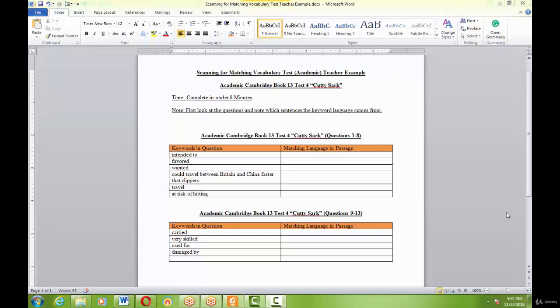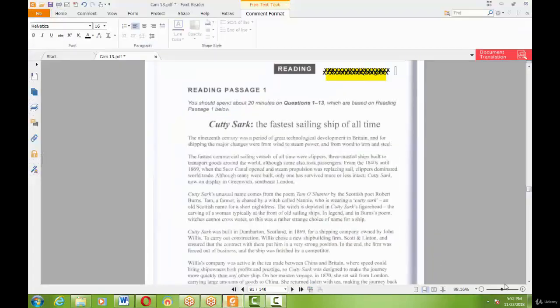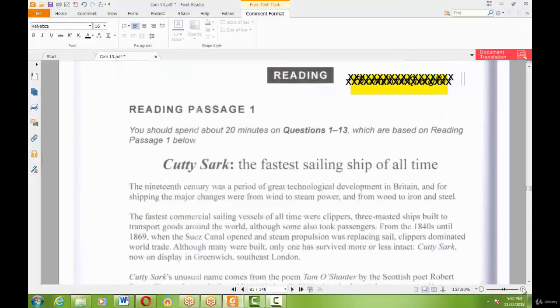and being able to have answers that have language that points to the answer choice. So what I've already done here is pull out the keyword language from some of the questions. And what I'm going to do is go into the passage and find that matching keyword language. This came from this reading passage about the Cutty Sark.